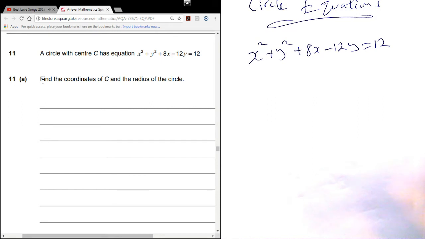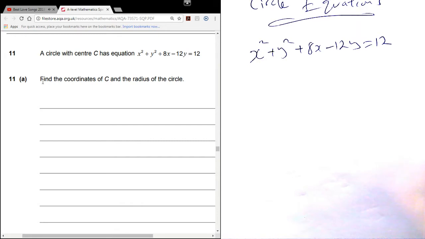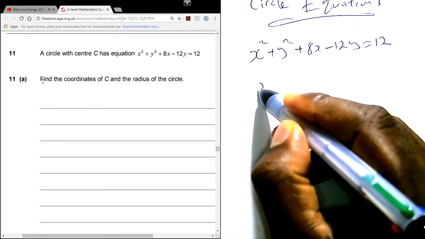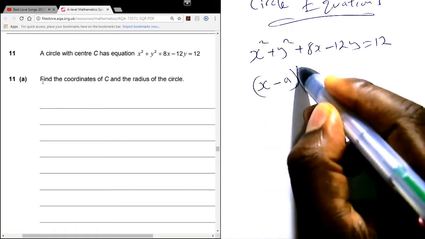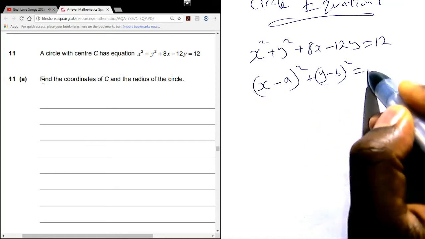So the first thing you should realize is that this is not how we like to write circle equations. Who did this? And the moment you figure that out, you say, oh, now I see what we're to do. So we prefer to write it like this. This is the way we prefer to have circle equations.